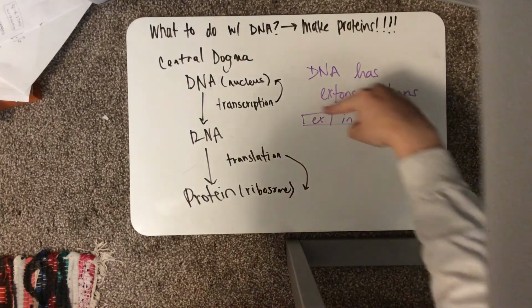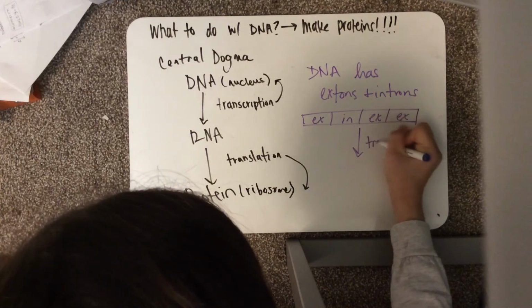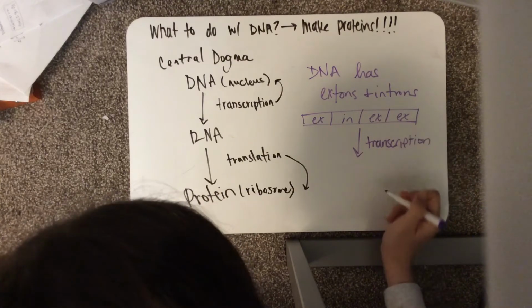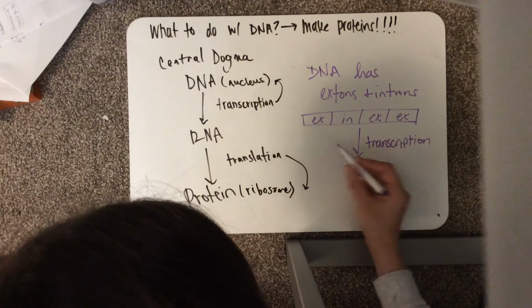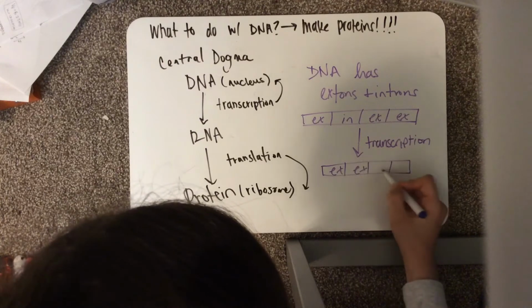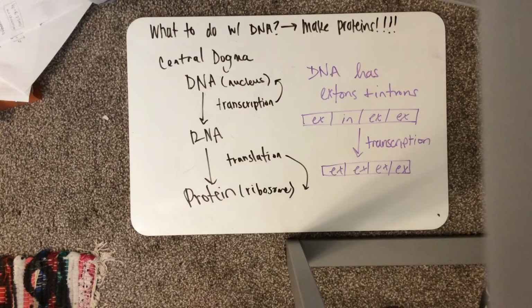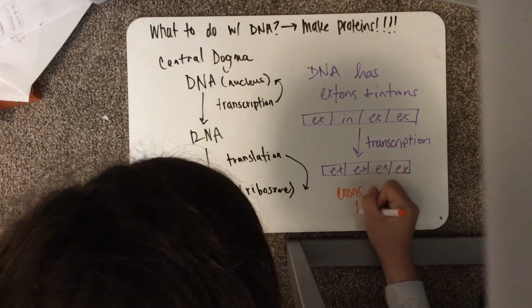When that DNA goes through transcription, I said translation, but I wrote transcription, and leaves the nucleus, we can only take with us the exons. So you can use the phrase: exons exit the nucleus.